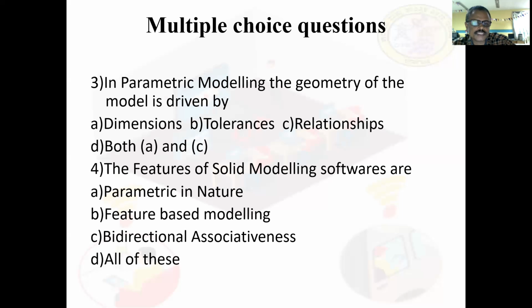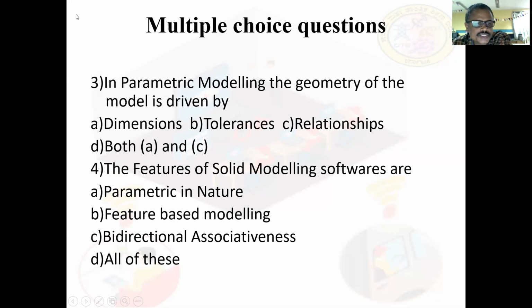Then bidirectional associativeness, that means there will be many departments for the CAD softwares. If you make changes in one department, the results of the changes will be reflected in the other department. This is known as bidirectional associativeness.